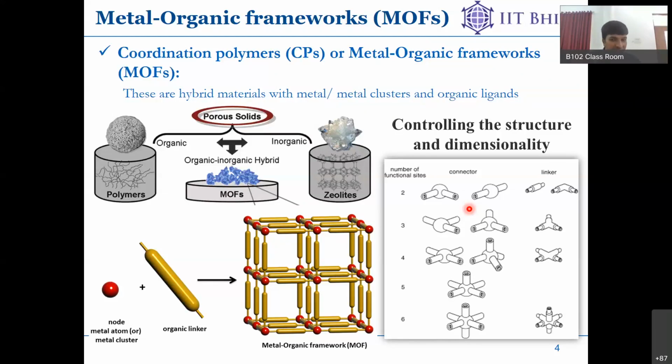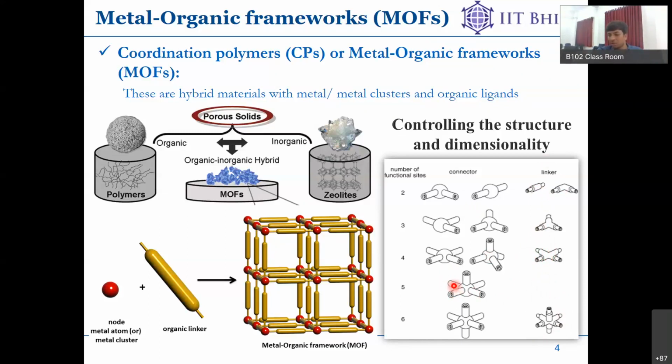Since we have a huge amount of control over the structures as well as the functionalities, whatever linkers you take here, you can control the functional groups on them. Functional groups means hydroxides or amines and so on, so you can control the functional groups and properties.